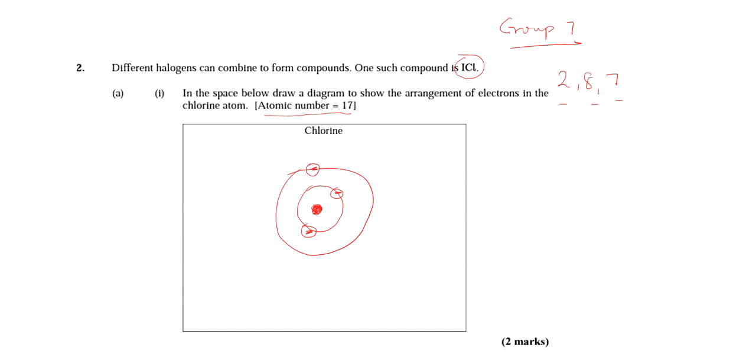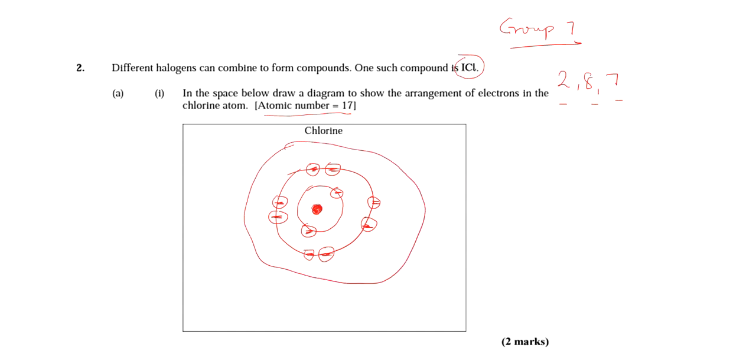So we have 1 electron, 2, 3, 4, 5, 6, 7, 8 electrons.